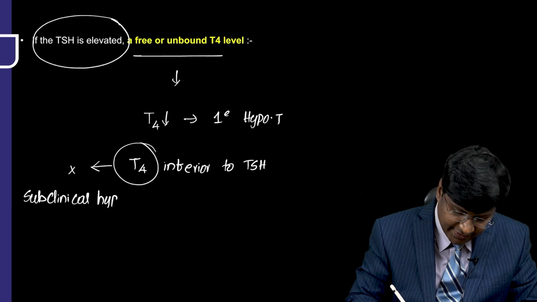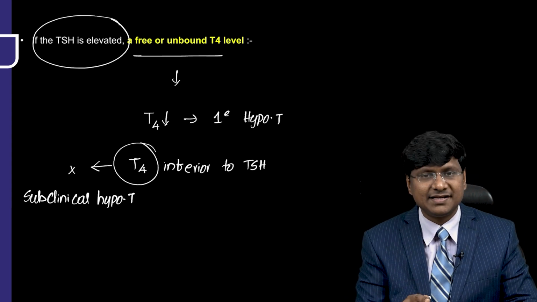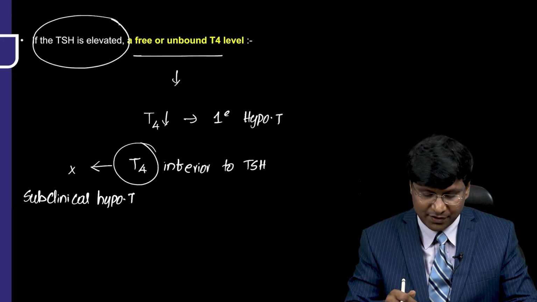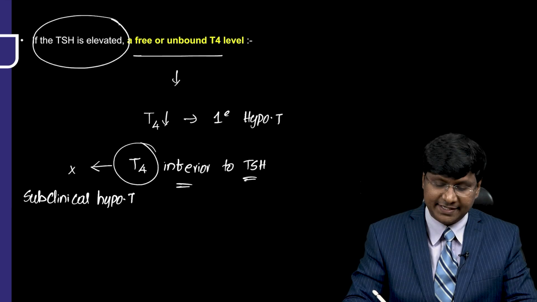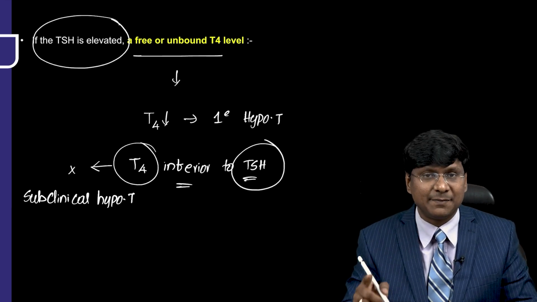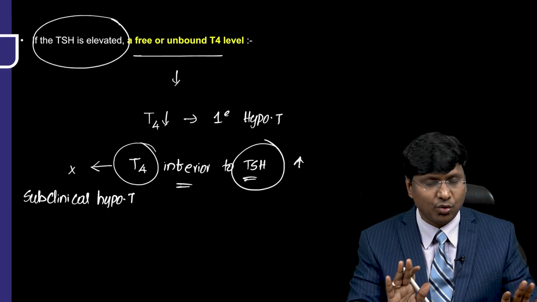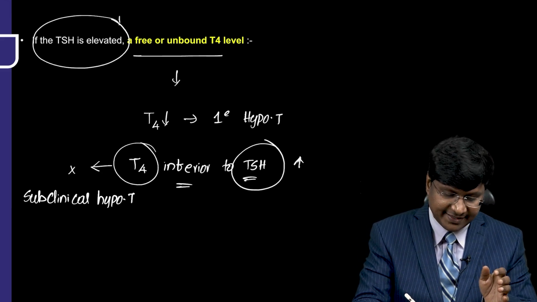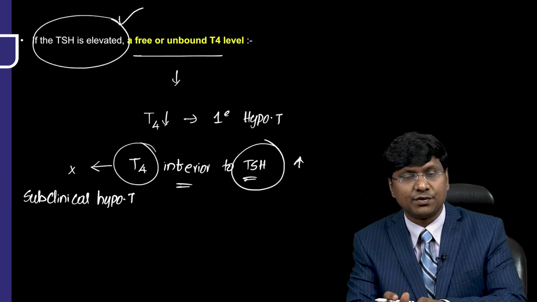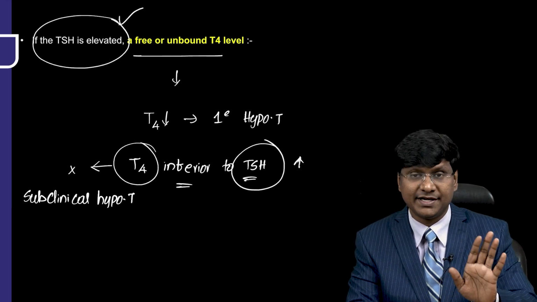That is the reason why assessment of free T4 levels is inferior compared to that of TSH, whereas in subclinical hypothyroidism, the TSH level is elevated. So overall, what I mean to say is, if the TSH level is elevated, then the next step is you need to check the T4. If the T4 levels are reduced, it is suggestive of clinical hypothyroidism.